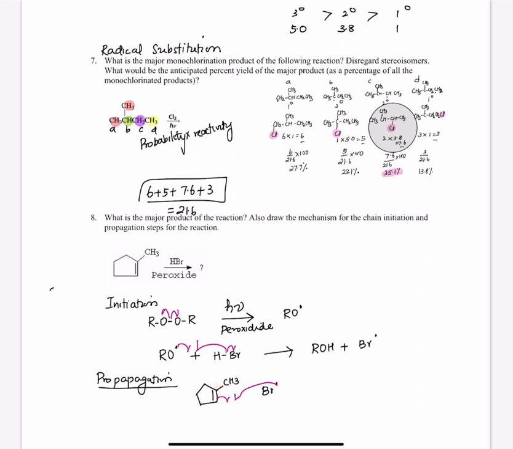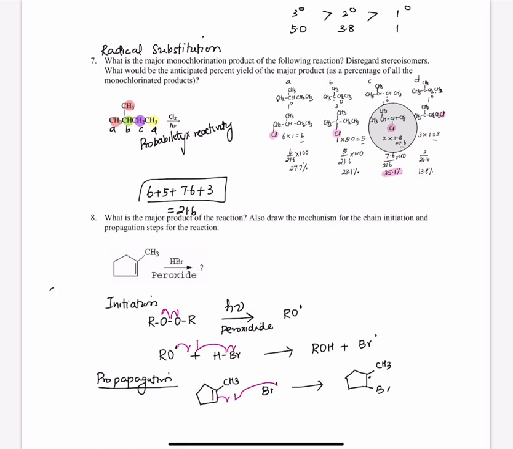You want to go for that, because if the bromine radical gets added to the other carbon, it will only lead to the formation of a secondary radical, which is relatively unstable. So we want to add the bromine to this carbon so we can form the tertiary radical. So this is one of the propagation steps.